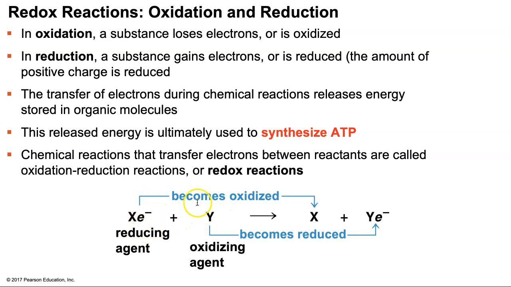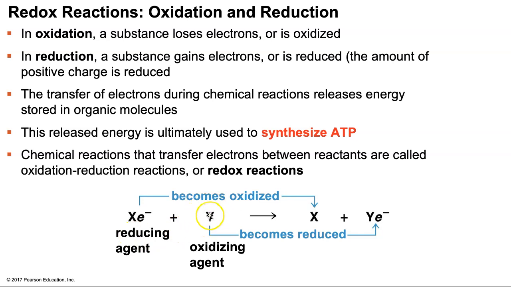X is causing the Y to gain an electron, to be reduced. So X is the reducing agent. So basically, if X is being oxidized, meaning it's losing its electron, it is the reducing agent.